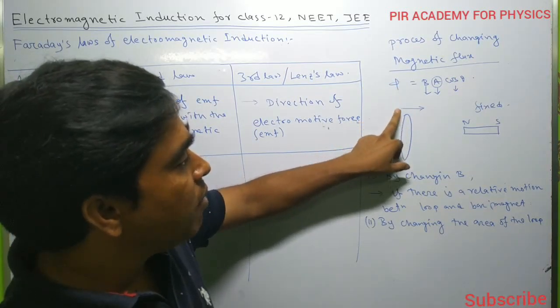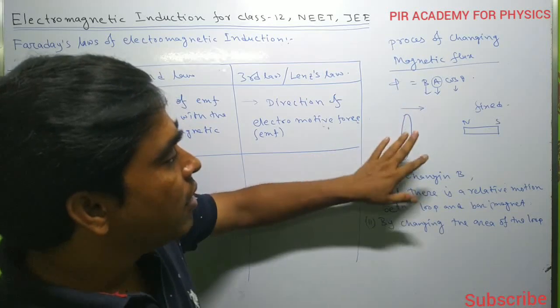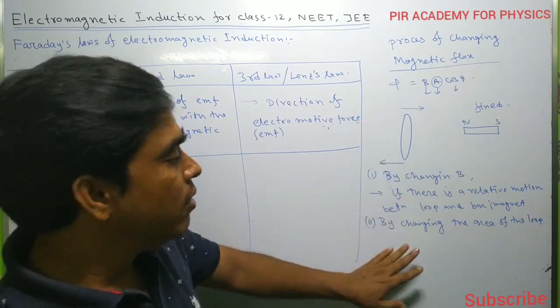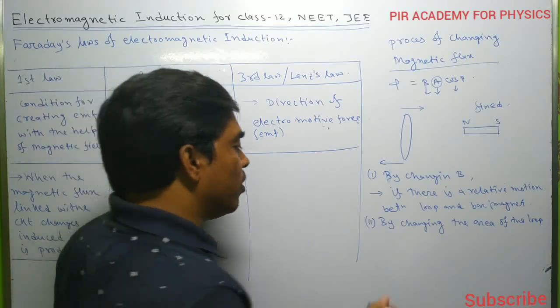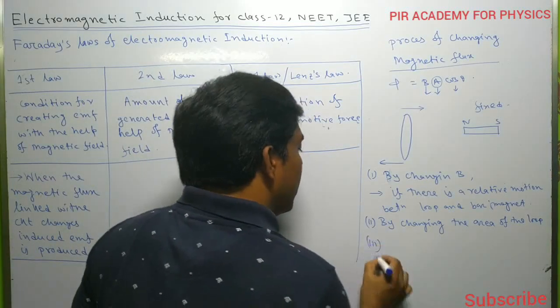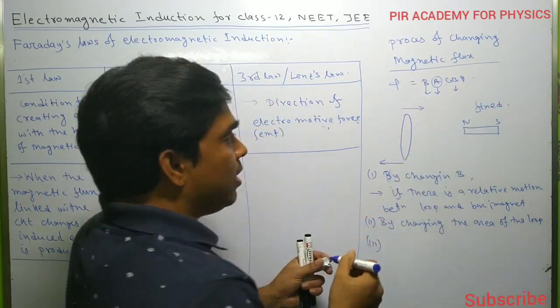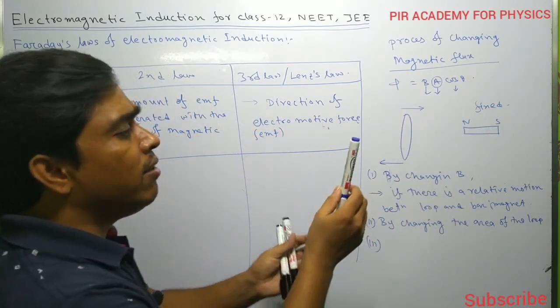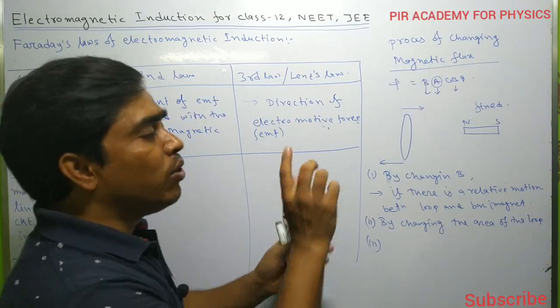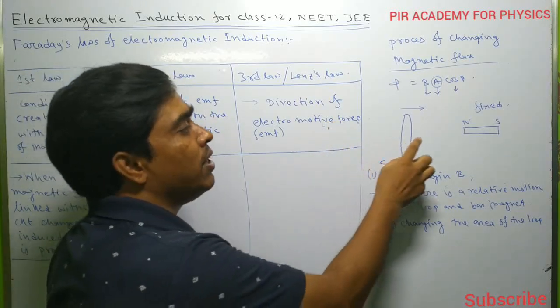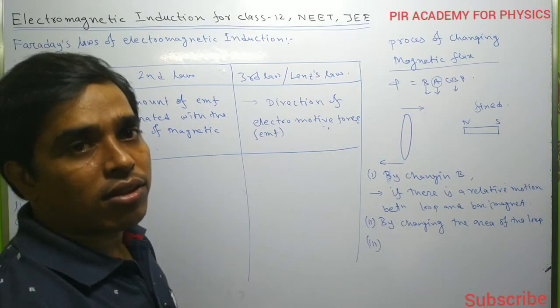So if there is a change in magnetic flux, then the induced EMF will be generated. This is the second condition. Third condition, if you change this theta, means if you rotate this loop, then there will be a change in magnetic flux.